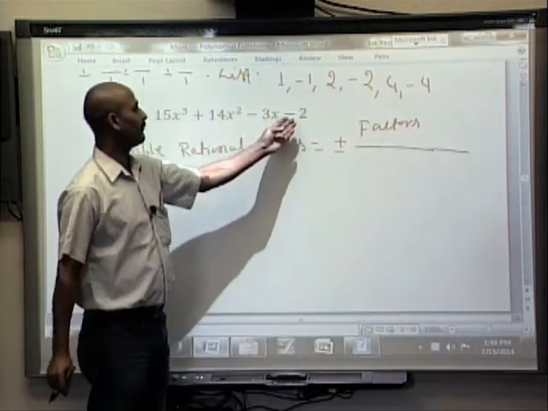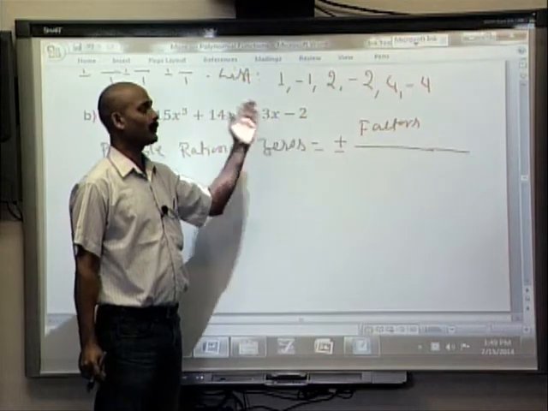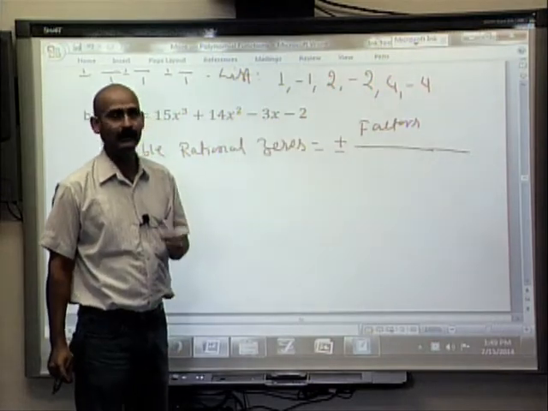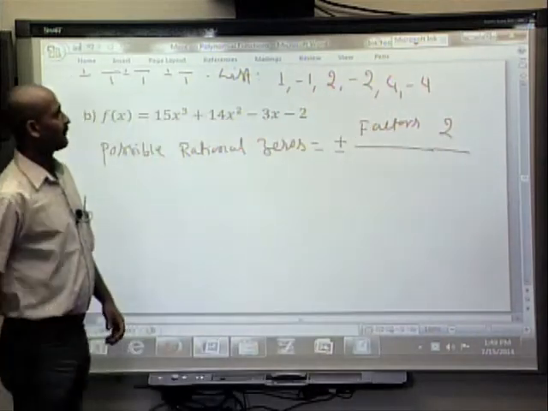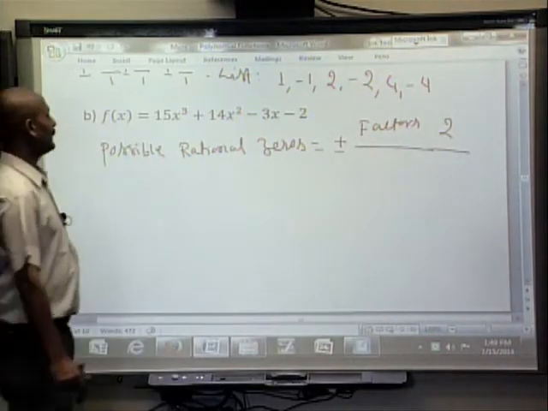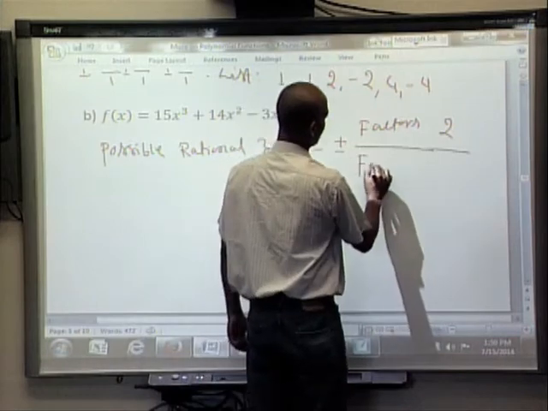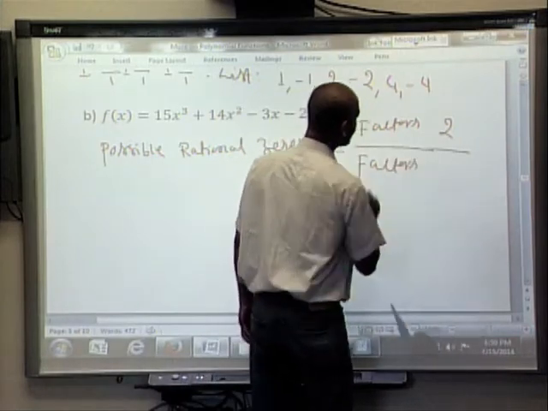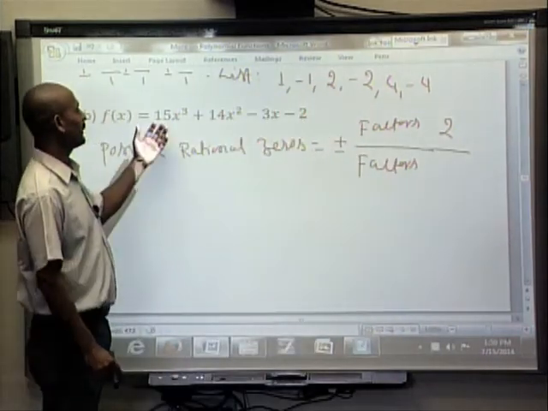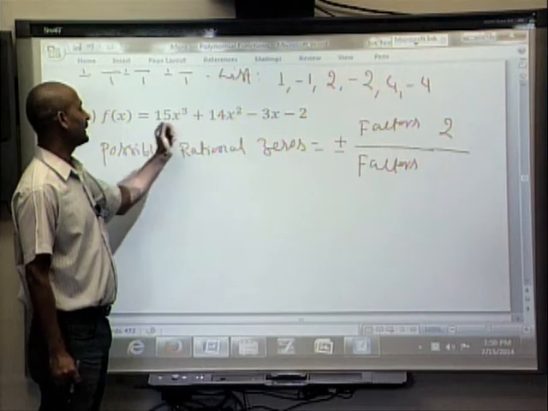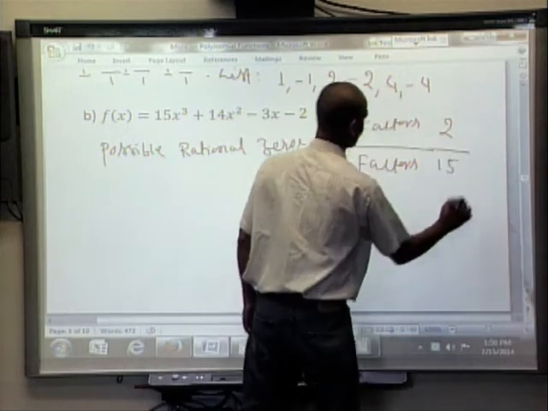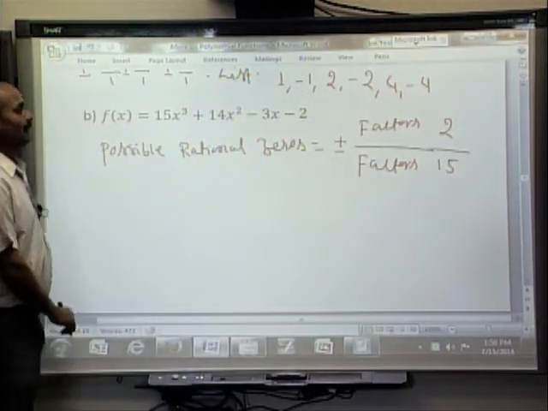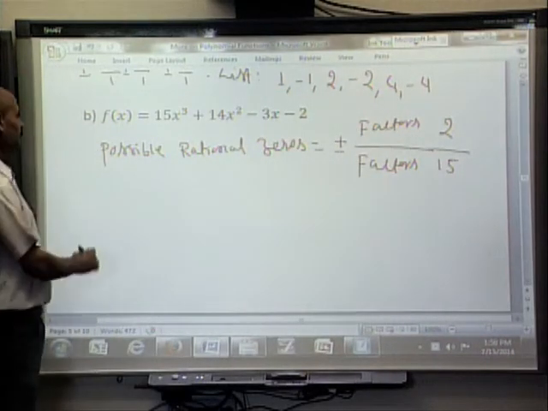The constant means the quantity that does not have any x in it, you can ignore the sign by the way. So, factors of 2 and factors of the leading coefficient, which means the number that multiplies the highest degree, x to the third. So, factors of 15. Now, let us think of factors of 2.